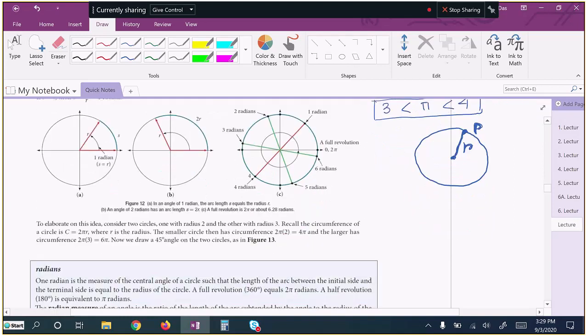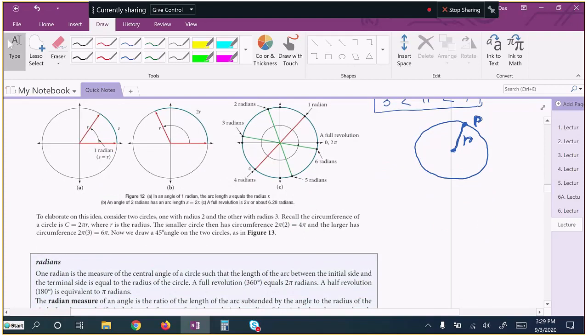First, we are going to understand that a complete circular rotation stands for 360 degrees, and it also stands for the angle 2 pi in radians.